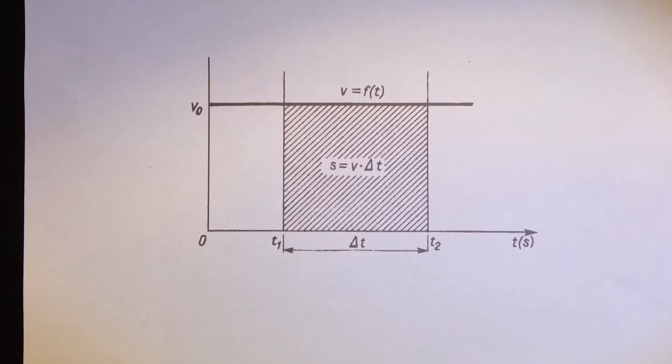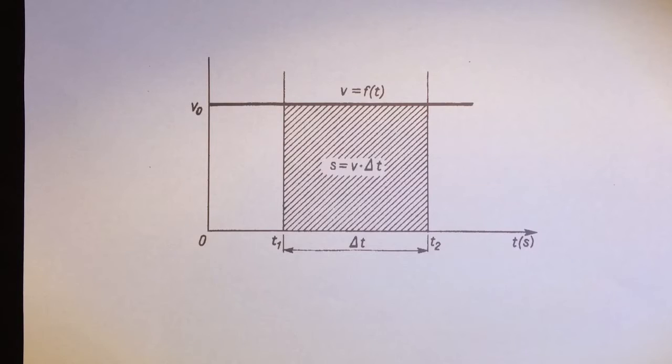Because the velocity is constant, the graph is the straight line which is parallel to the time axis. Let's say we started our observation at the time t1, and the terminal time, when we finished our observation, is t2. So our graph here is from this point to this one.